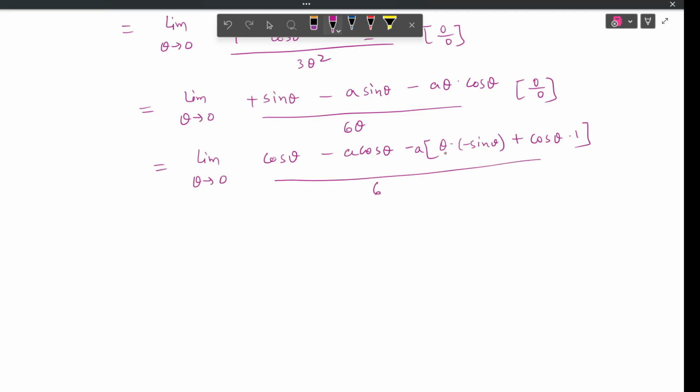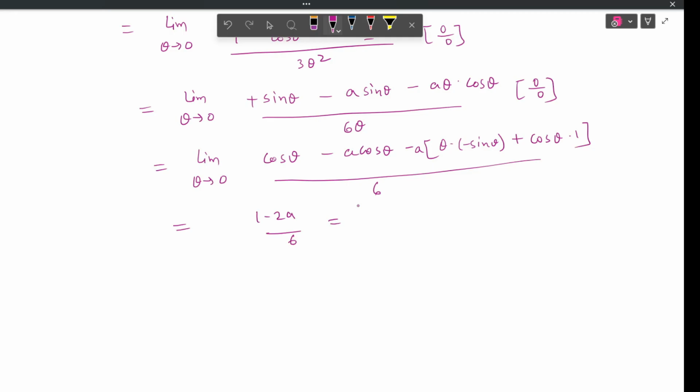Now if you put theta 0, the theta term would be 0, this term would be 1, this term would be a, and you will get minus a, so minus a minus a is minus 2a. So you will get 1 minus 2a upon 6.